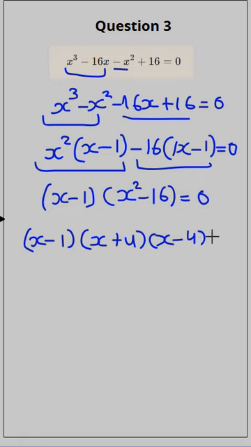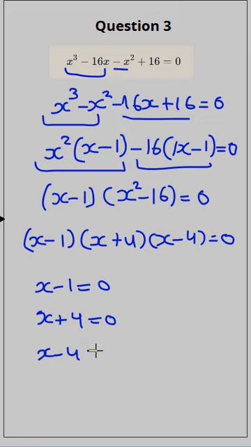equals 0. So from here you will get x minus 1 equals 0, then x plus 4 equals 0, then you will get x minus 4 equals 0.